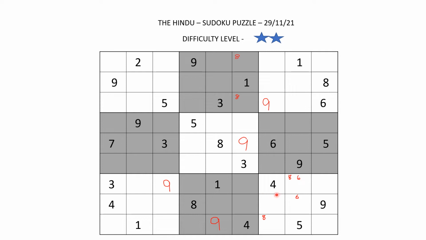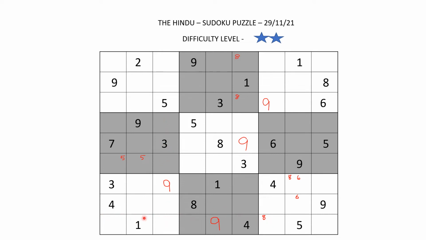Let's move on to 5. In the top section, we have only one 5. Coming down, we have 2 5s here. So that means these cells will take 5 and we have a 5 blocking here. So these 2 cells will take 5. Moving down, we have 5 blocking here and 5 blocking there.